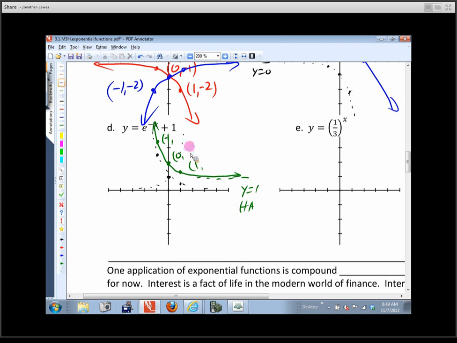Okay, here's the cool thing about this. This might seem a little bit overwhelming, but if this point right here is -1, comma e, which coordinate changes, the x or the y? The y does. By how much? So you literally write this down. This is even easier than doing the arithmetic for it. Okay, it's e plus 1. That is the point. This one right here would be 2.